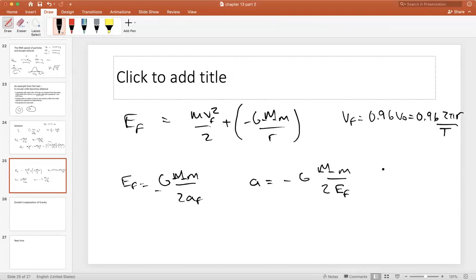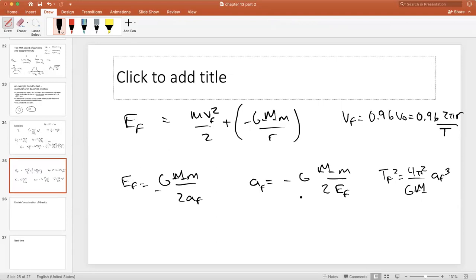And the last thing, we're going to have that t final squared is equal to 4 pi squared over GM of Earth times a final cubed. So let's get to work on this stuff.